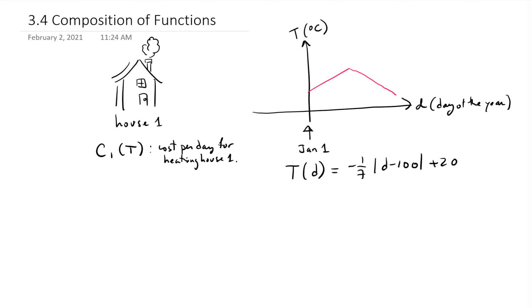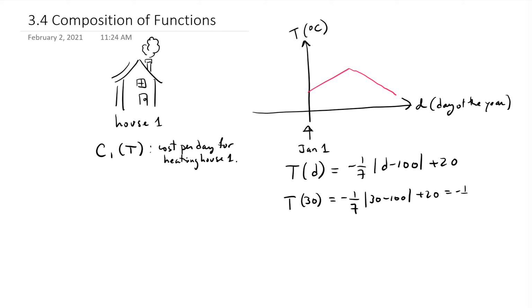Maybe let's focus on a day of the year, maybe the 30th day, so somewhere like the end of January. If I calculate T of 30, I would just replace D by 30, and if I evaluate this, what do you get?